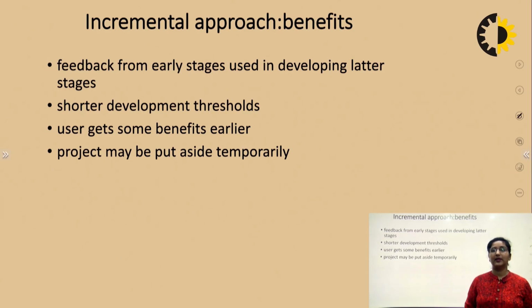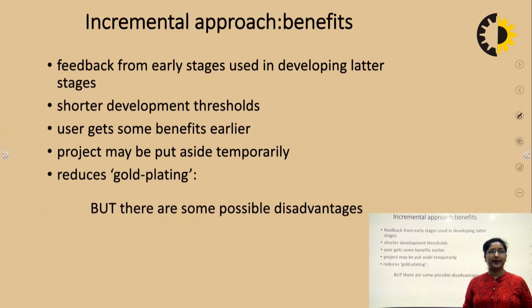Maybe the user is able to solve their particular problem with one module. Maybe they are not able to access the complete system, but for some part of it, they are able to complete their work. Projects may be put aside temporarily, and it will reduce gold plating as well.